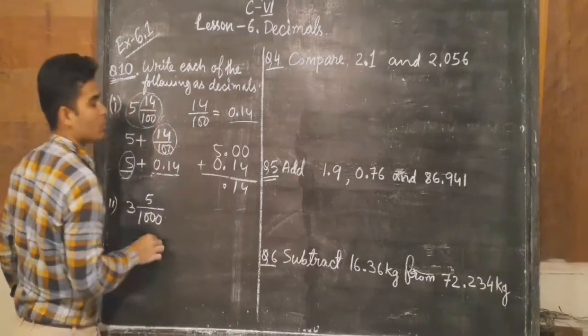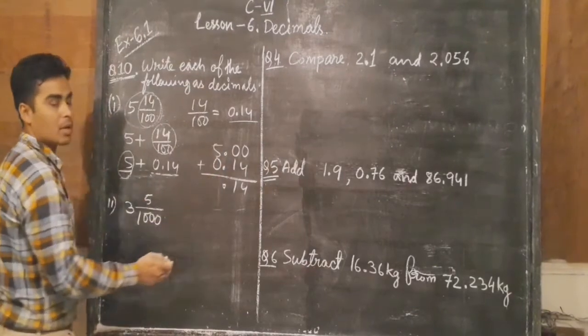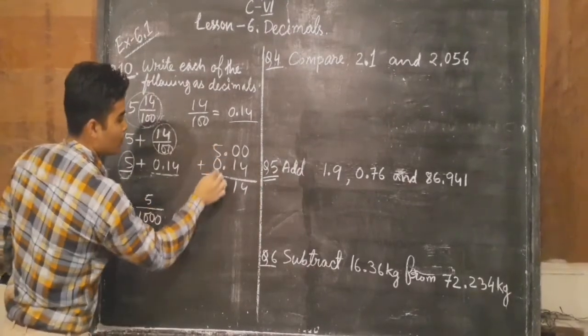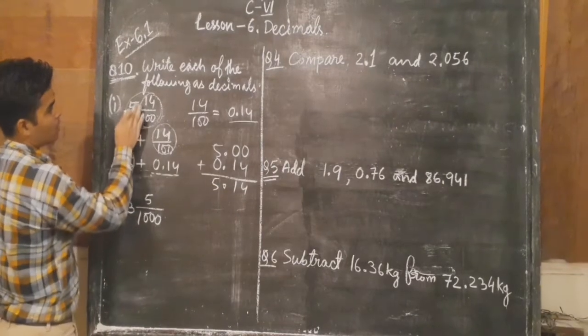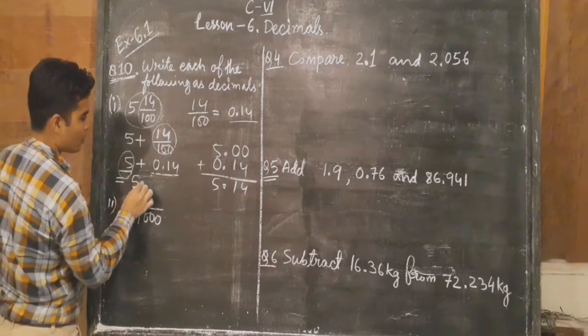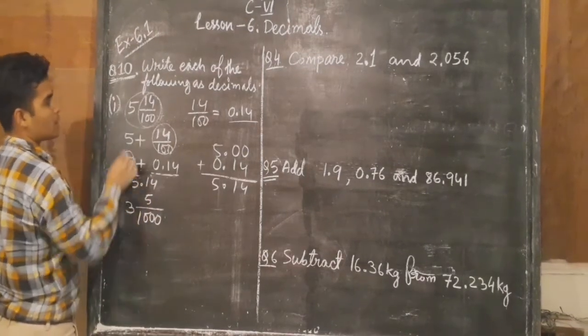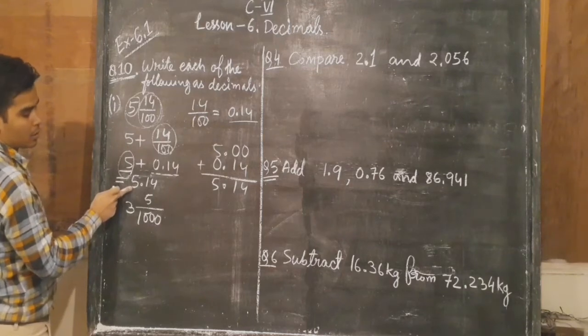Point below we have to write point straight. This column you cannot change here and there. So 5 plus 0 is 5. So the decimal number for this mixed fraction will be 5.14. As I said before, this 5 will be in the whole number part. You can see here it is.